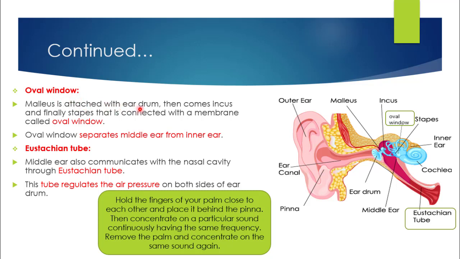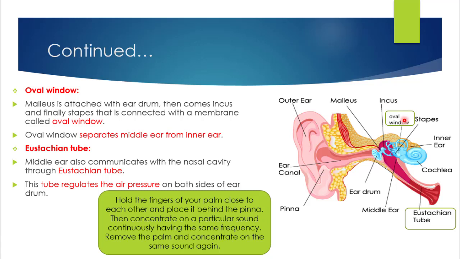Malleus is attached to the eardrum, then comes incus, and finally stapes, that is connected with a membrane called the oval window. Look at this picture. This portion is the external ear, and right after the eardrum there are three middle ear ossicles, that is malleus, attached to the eardrum, then incus, and after this stapes, that is connected to the membrane called the oval window.